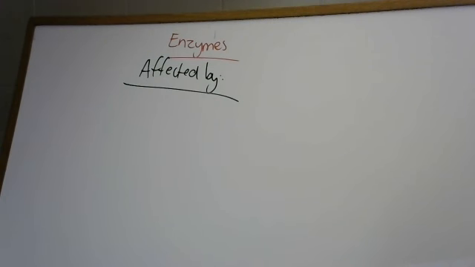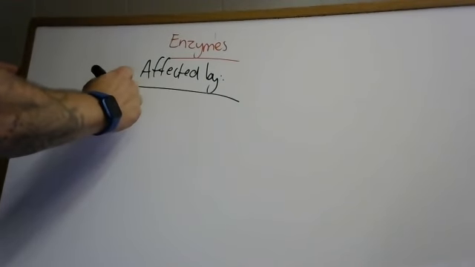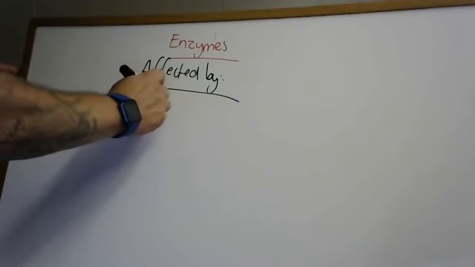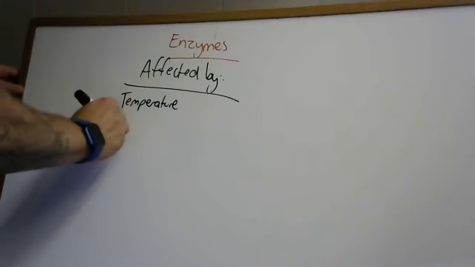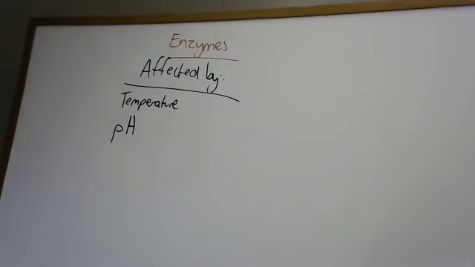So the virus's enzymes can't work at higher than 39 degrees. So temperature, and it's also affected by the pH. They are designed to work at pH 6.8 to 7.2. Any higher or lower, they start to not work properly.